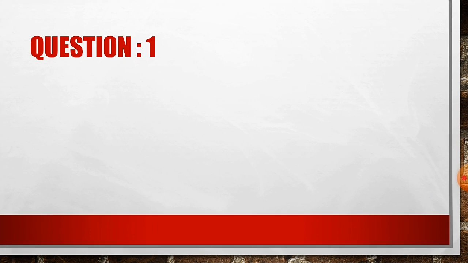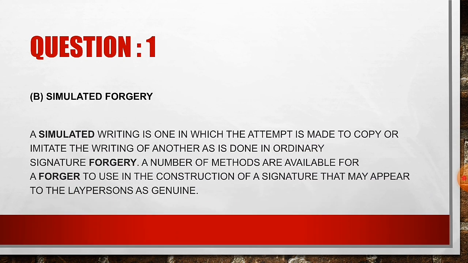Let us see the second option, what it is about. It is simulated forgery. A simulated writing is one in which an attempt is made to copy or imitate the writing of another, as is done in ordinary signature forgery.